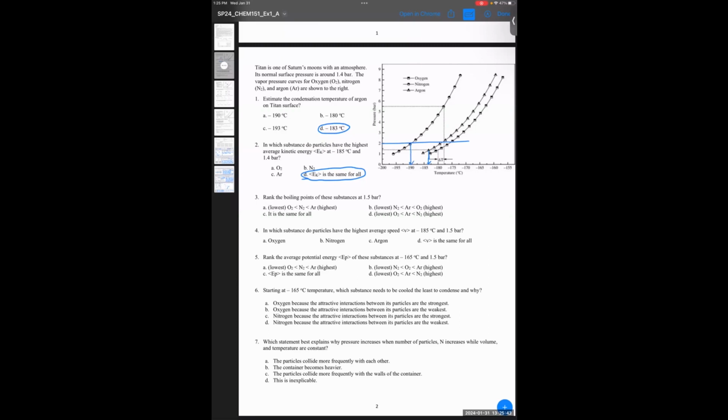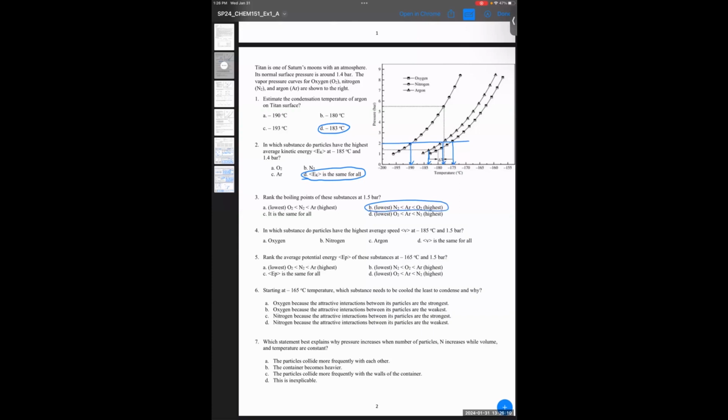When it comes to argon, it's going to reach 2 bar external pressure around this value. And then when it comes to oxygen, it's going to reach around this value. So you see that oxygen has the highest boiling point, and then argon, and then nitrogen has the lowest boiling point. So the correct answer must be option B then.